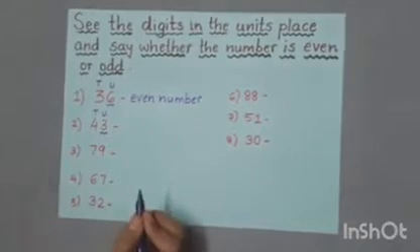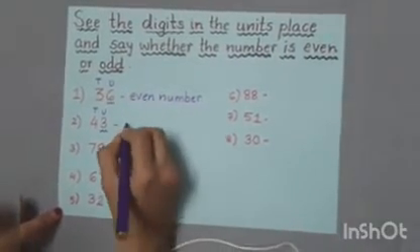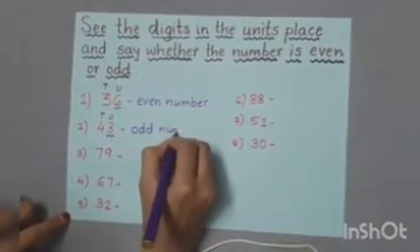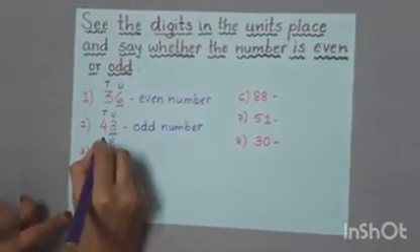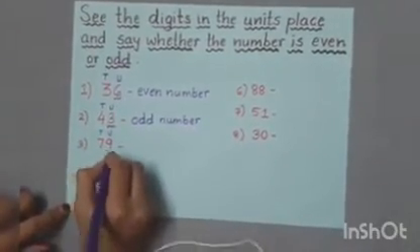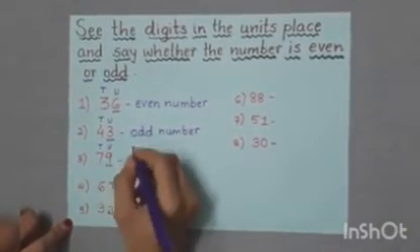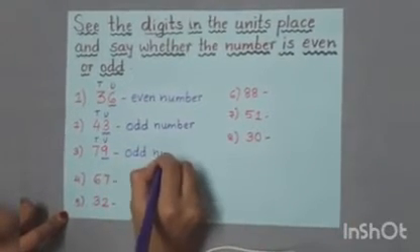In the units place, there is 3. Is 3 an even number or odd number? It is an odd number. The next I have is 79 and in the units place I have 9. So is 9 a even number or odd number? It is an odd number. Very good.